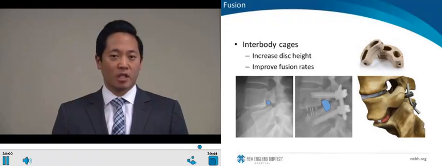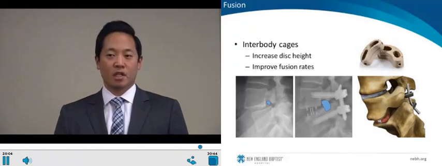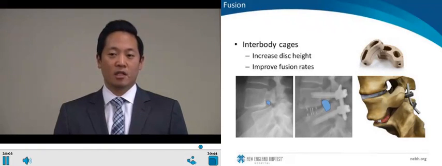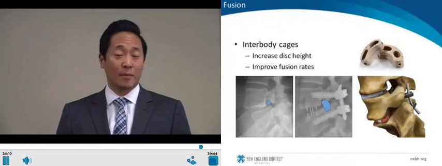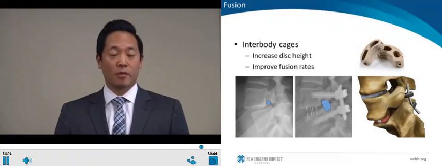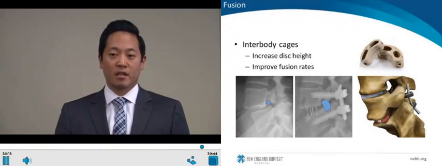Cages can be placed within the interbody space for 2 main purposes, the first of which is to increase disc height. You can see on the left radiograph that this patient has spondylolisthesis as well as collapse of this disc. The area depicted in blue is the neuroforamen. You can see that that area is fairly reduced compared to the one cephalad to it.